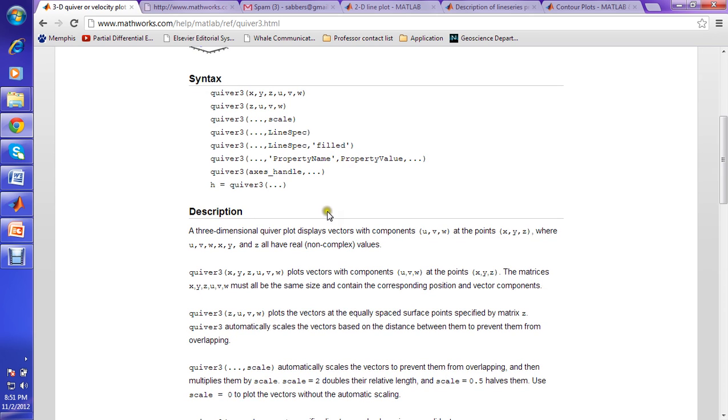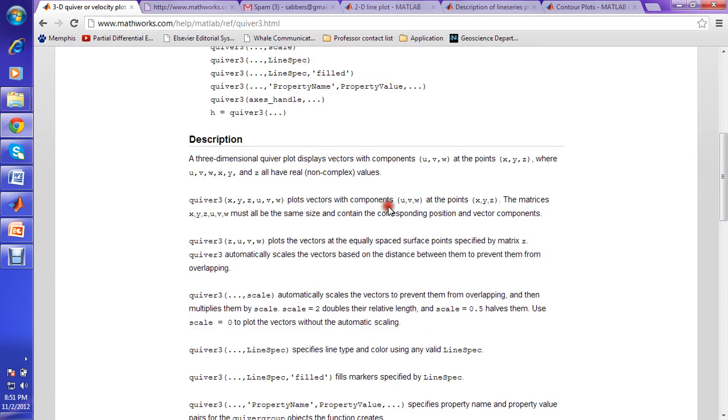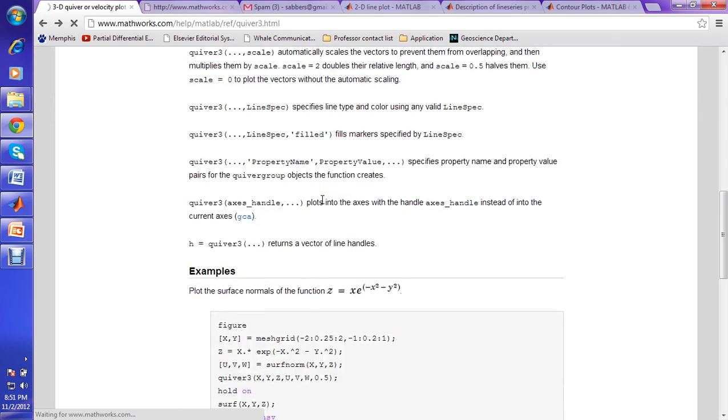For representing 3D, we need another u, v, w. So what is u, v, w? Vectors and points, where u, v and z are real or complex. If you are more interested, you should explore this more.